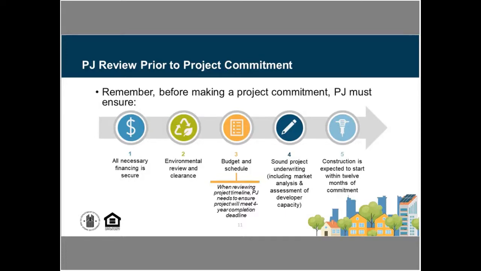So, for instance, if you were making a conditional award without the environmental review clearance in place, you'd have to make sure that that environmental review would be completed and that project would have the clearance to move ahead so that you could meet this 12-month requirement on that. It's one of the reasons we want to make sure everything's in order.